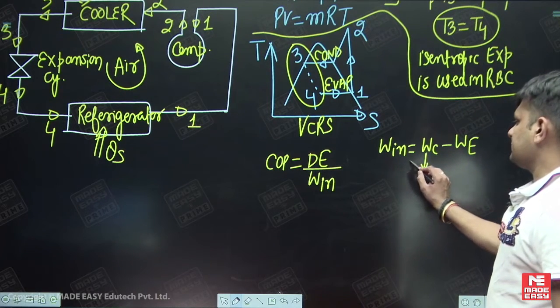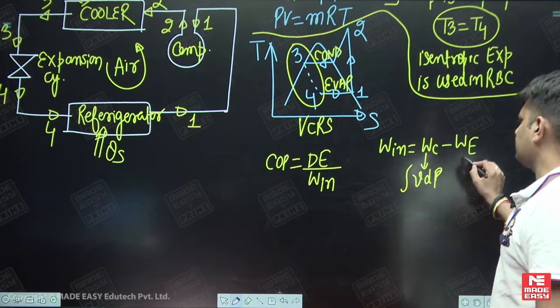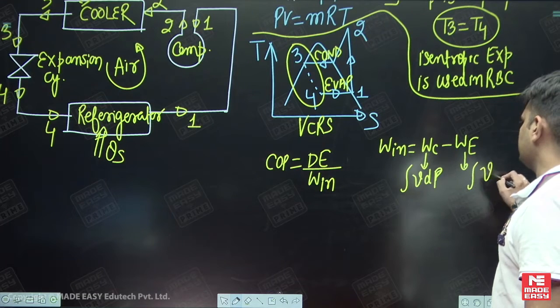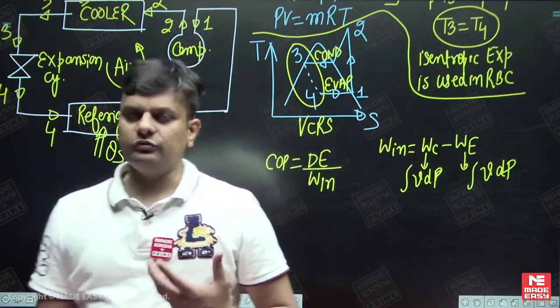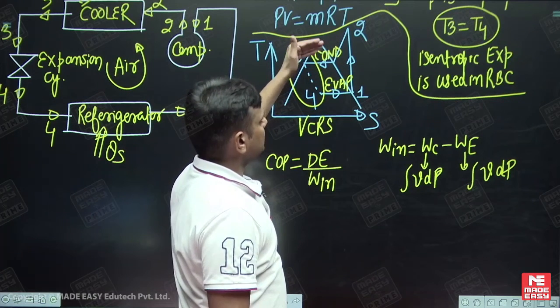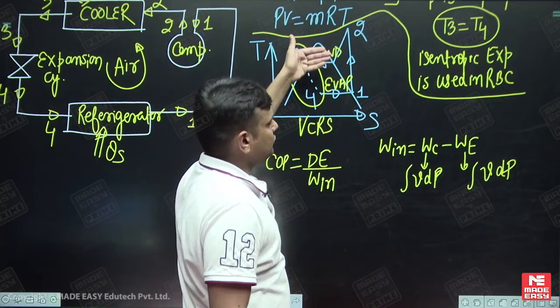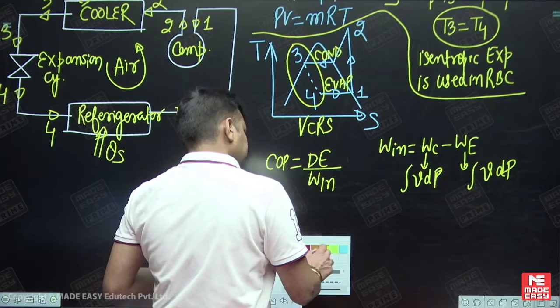The compressor is an example of an open system, so it is VdP, but I am interested right now in magnitude. Turbine and throttling are also examples of open systems, so VdP.